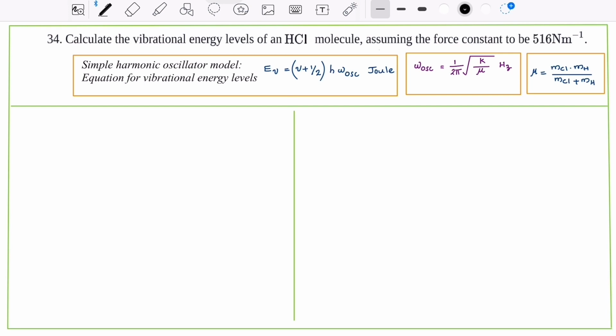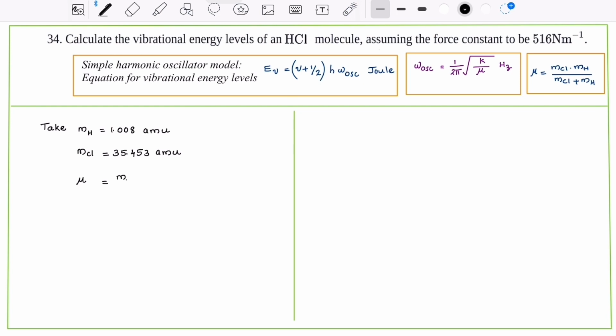Omega oscillation is the oscillation frequency, which is equal to 1 by 2 pi root of k by mu hertz. Take the mass of hydrogen as 1.008 AMU and mass of chlorine as 35.453 AMU.